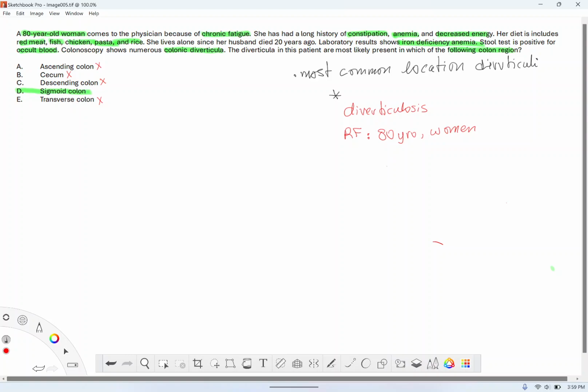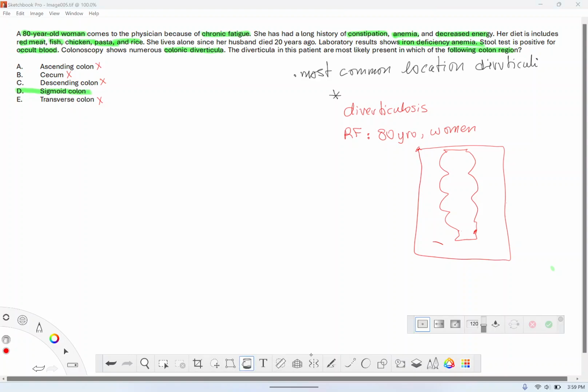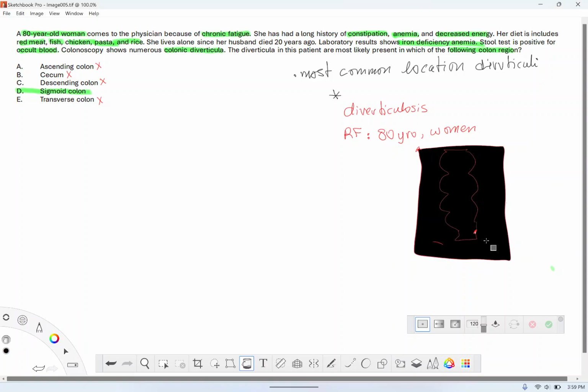And if that is the case, let's say this is colon. Let me draw a colon. And here is an outpouching, let's say. And what do you see on barium, right? So on barium, what do you expect to see?